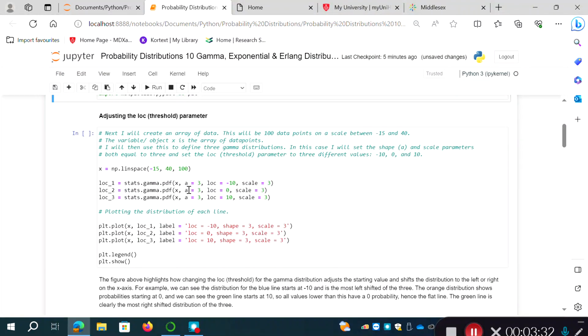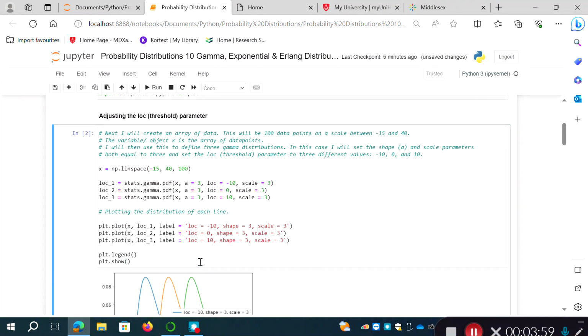And as I said, for all 3, I'm setting alpha, which is the shape, to 3, and the scale to 3. The thing that's different between the 3 is the first one's got a starting value, a threshold, a loc of -10. The second one is 0. The third one is 10. And then I'm going to plot all 3 on the same figure using matplotlib.